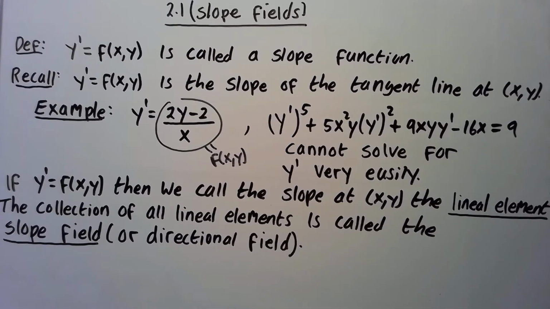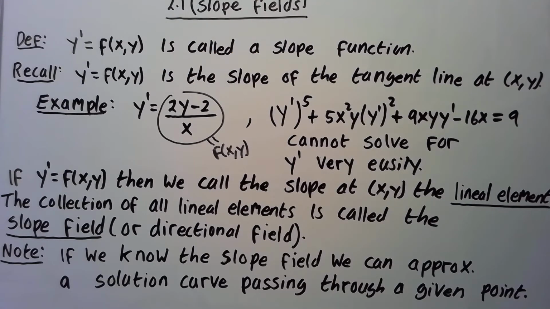So I'm going to show now, if we know the slope field, we can approximate the solution curve passing through a given point. You might say how, so let's look at an example on how we would do this.